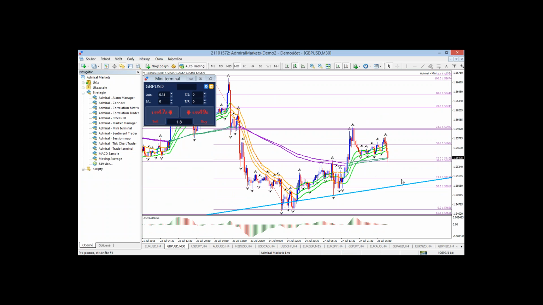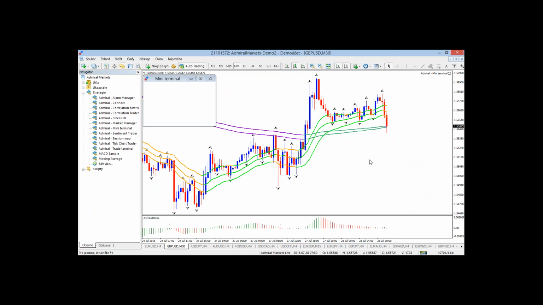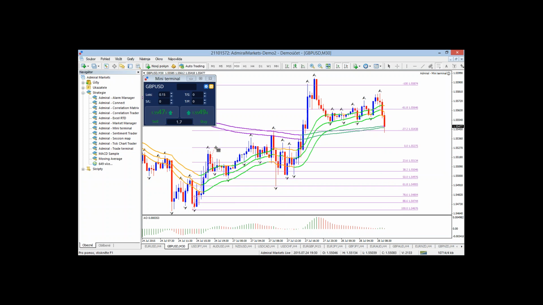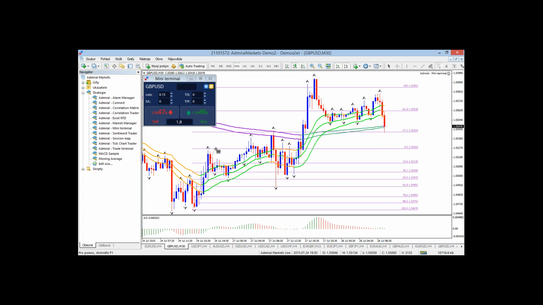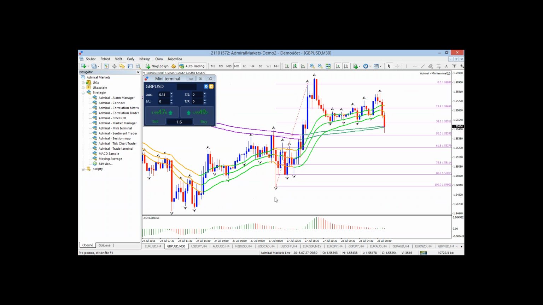Now this is quite choppy, so let me refresh this. Alrighty, this is probably still the last swing high, swing low when using fibs.